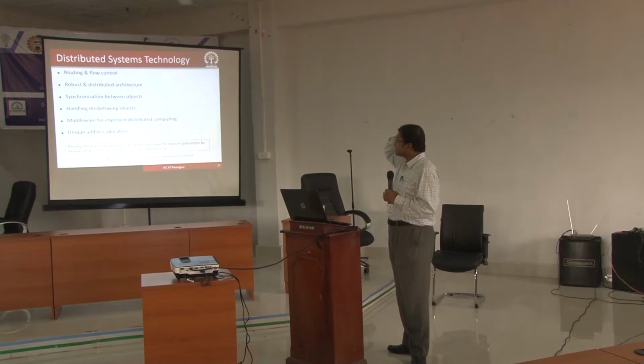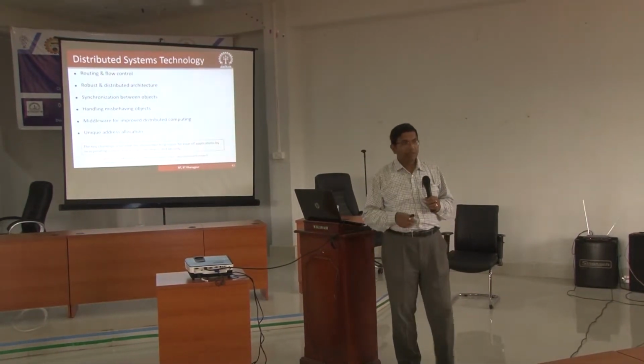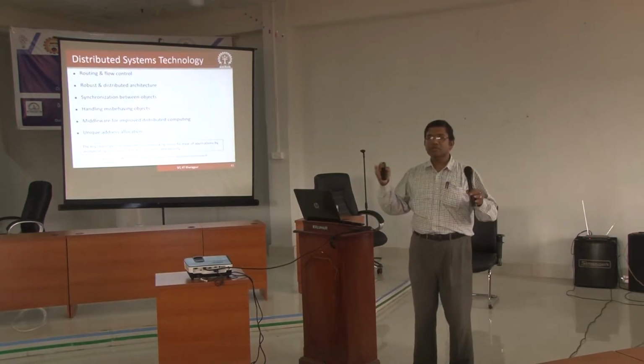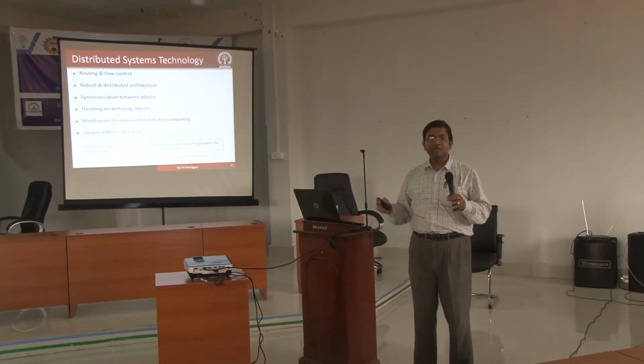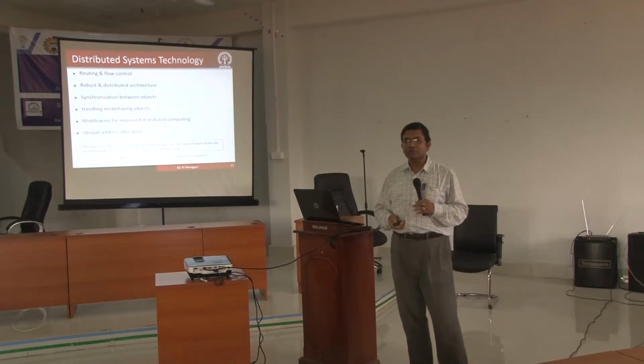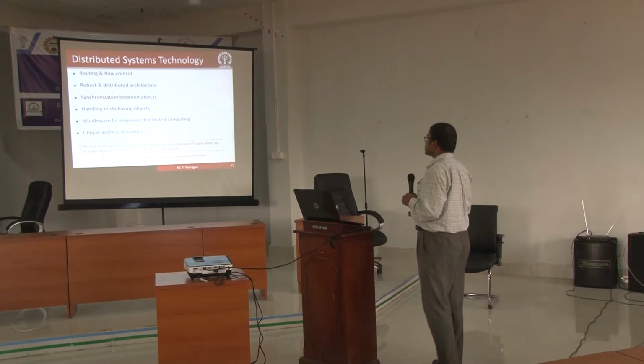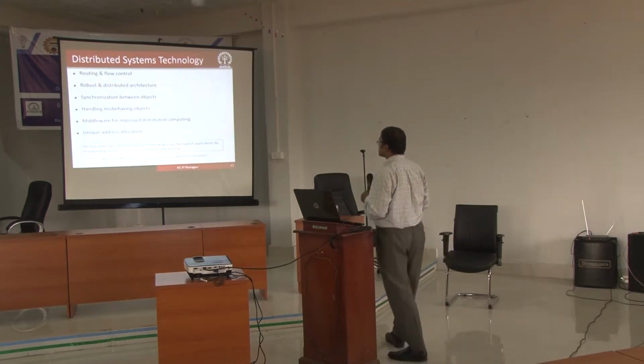Second aspect is that it's a distributed system. Most IoT systems are distributed because all these different nodes are spread across different geographic locations. So ultimately it's a geographically distributed system.